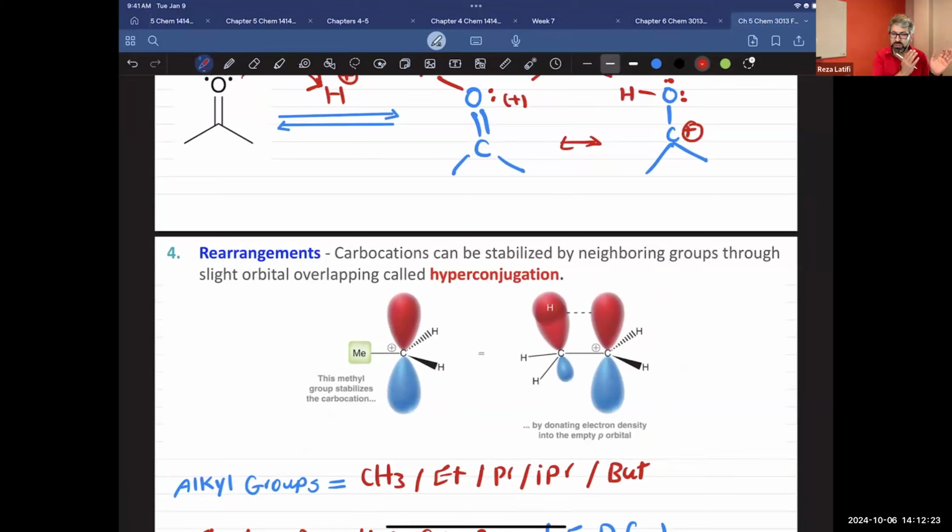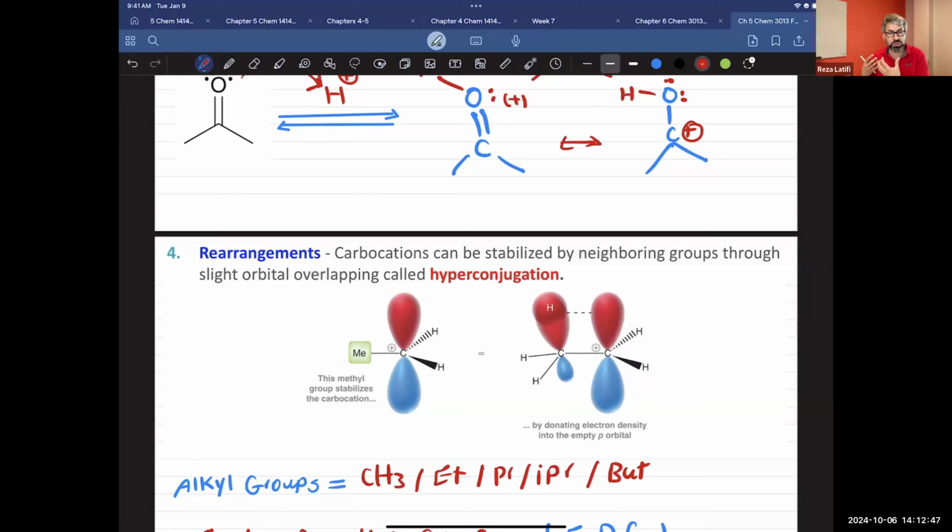Whenever you have a sigma bond, that sigma bond can share electrons with an empty orbital on carbon. The sigma bond can be a carbon-carbon or carbon-hydrogen bond, and it can share electrons. Technically, any sigma bond can, but if you have an electronegative element, it will pull electrons rather than share them, so you have to be careful.